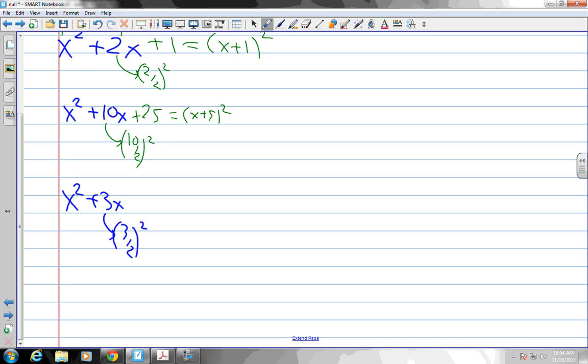So I'm actually going to add 9/4. That's what's missing. Even if it's an odd number, divide by 2 and square that, this whole thing becomes x plus 3/2 squared. It's an ugly perfect square.